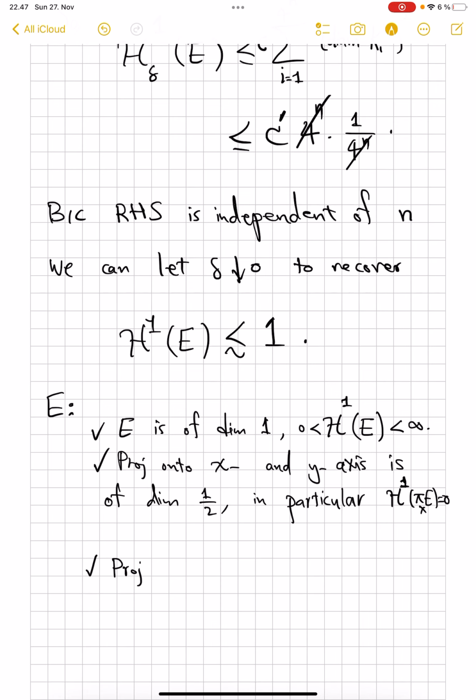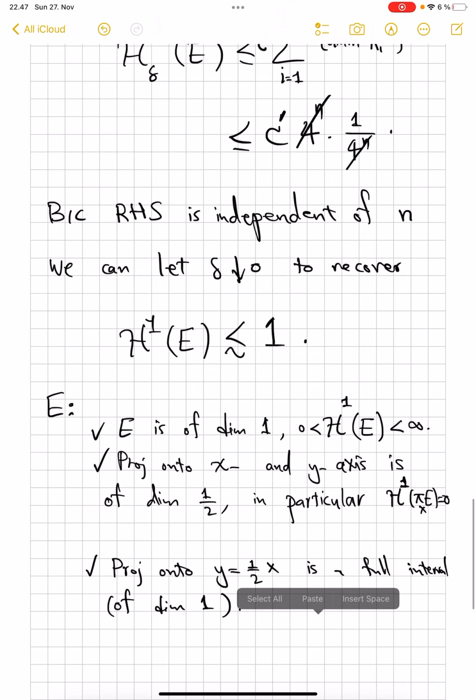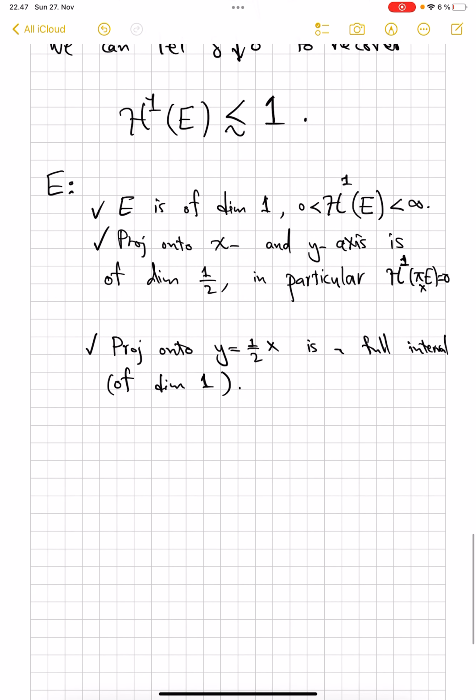But then there is this projection onto the particular line, 1/2 x, and that is a full interval. That means also of dimension 1. Remember, projection does not increase dimension, but in this particular case, we see that it did not decrease it either. So which one of these two is the more typical for this set?